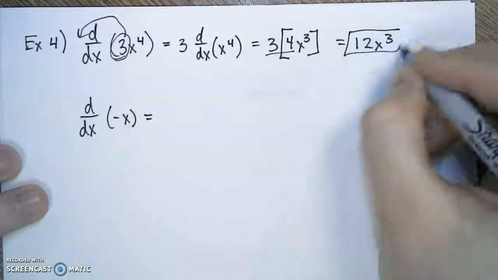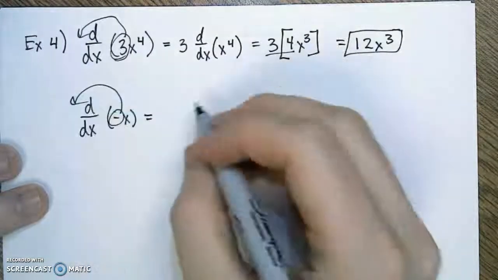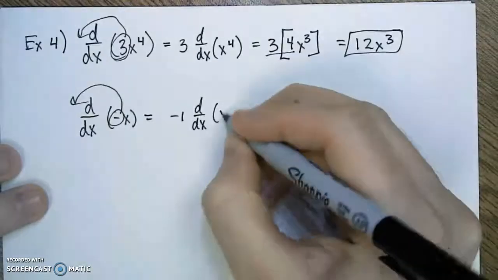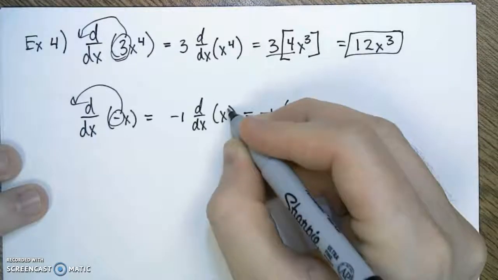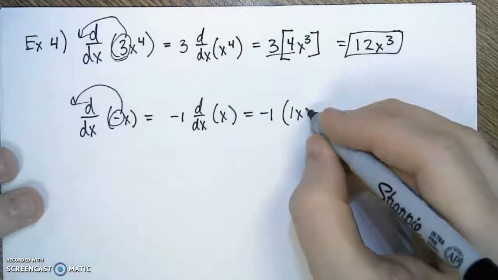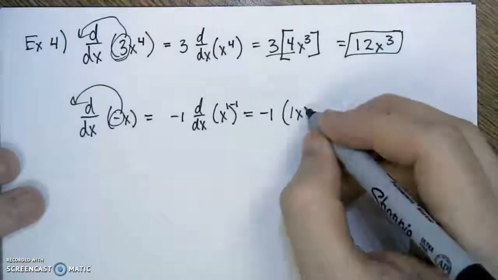So 12x cubed. So over here I can bring that -1 in front, and then take the derivative of my x, which ends up being a 1 moves in front, and then when you take 1 away, you're going to have 1 minus 1 in the exponent, so it's going to be x to the 0.